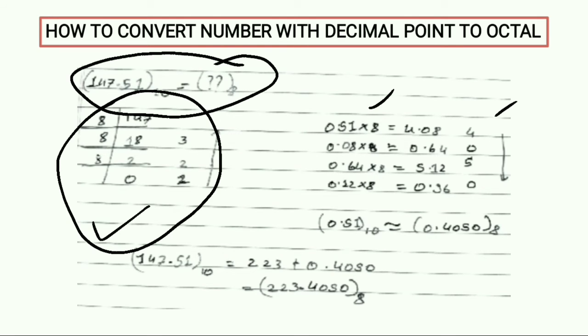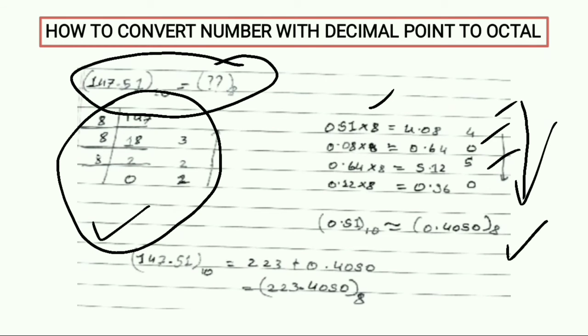After 2-3 steps we get the number 0.4050. Now we take this number from top to bottom. So 0.51 in decimal is nearly equivalent to 0.4050 in octal.